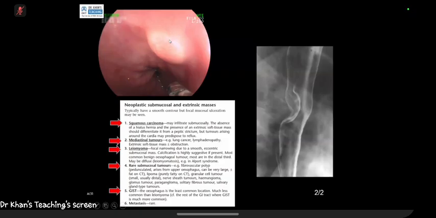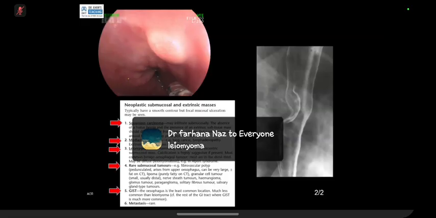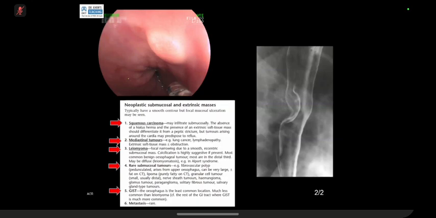You will find that the mucosa is normal, unless it's a malignant thing. Consider yourself an endoscopist, just seeing this wall, and you're saying something is pushing in. Then you will ask for the next imaging.